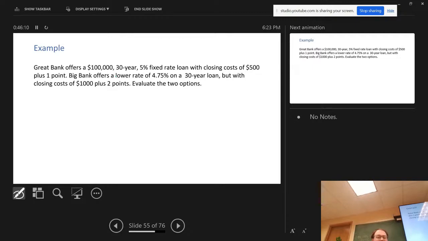So if we look at this example, Great Bank offers a $100,000 30-year 5% fixed rate loan with closing costs of $500 plus 1 point. So 1 point in this situation would be 1% of the 100,000. So that would just be 1,000, right?